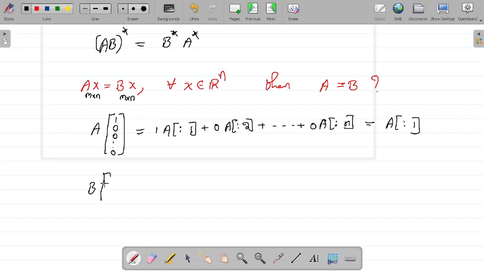How many swaps did you do? There is only one swap. If you do one swap, or an odd number of swaps, we call that an odd permutation. And this one also falls under odd permutation.